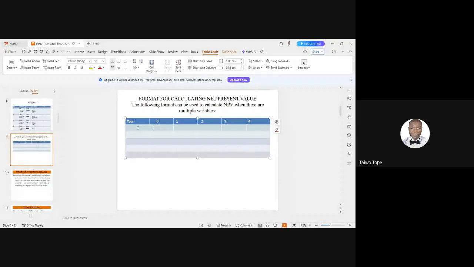So sometimes the question can be given in millions. You can suspend the zeros that translate to millions. Yes, you can suspend those values.